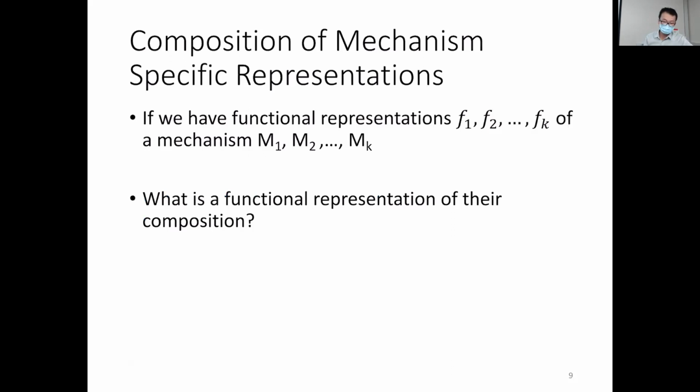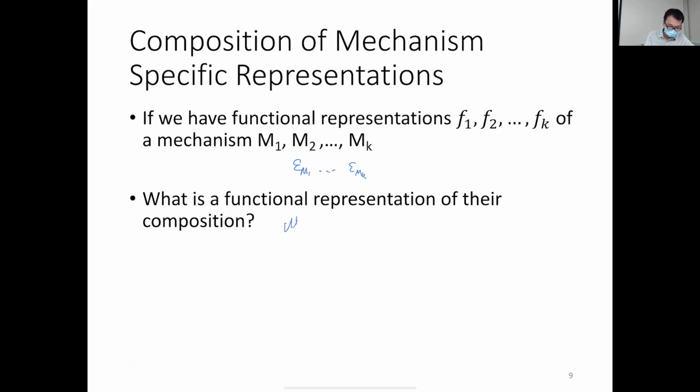But suppose we have this functional representation for individual mechanisms that we compose. The question is, what is a similar functional representation for the composed version of the mechanism? More specifically, let's say that we have the RenEDP epsilon of m1 to mk.